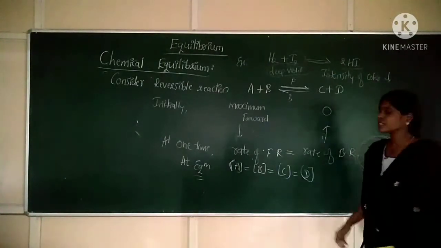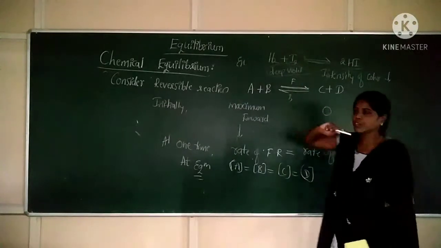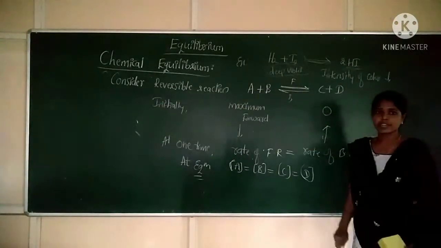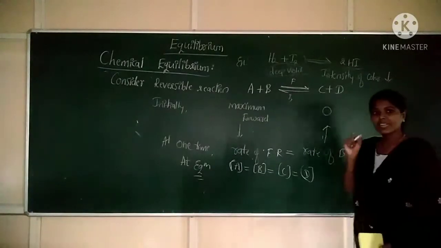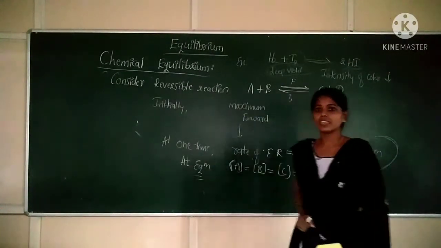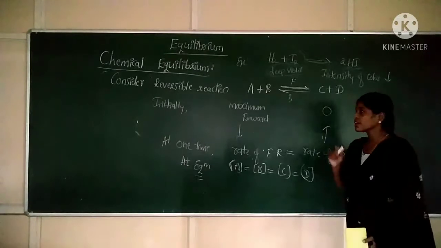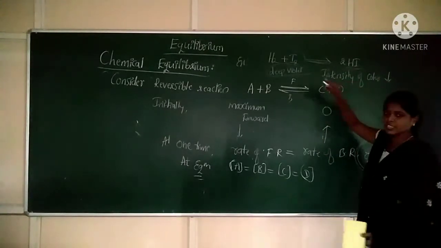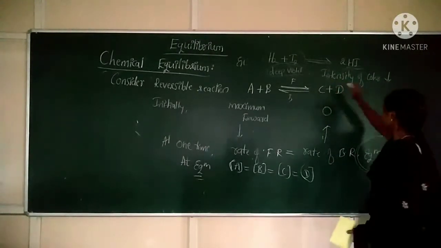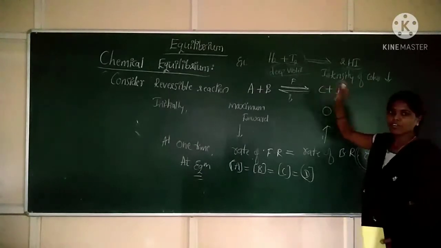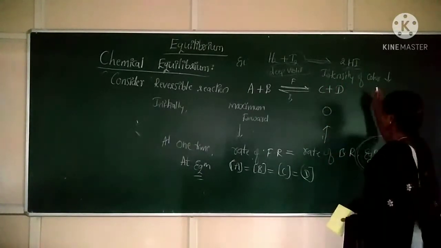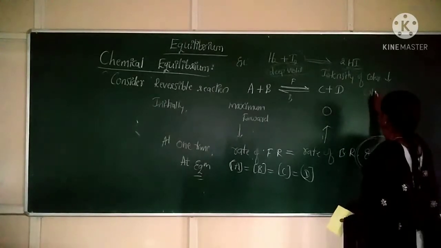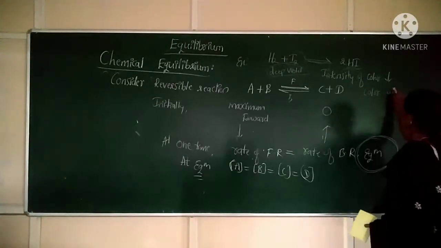Why does the color decrease? Because I2 is reacting with H2 and forming hydrogen iodide. So the intensity of color will be decreasing. A state is reached where the reactant as well as the product will remain constant. The concentration of reactant and product remains constant. At that time, the color will remain constant.